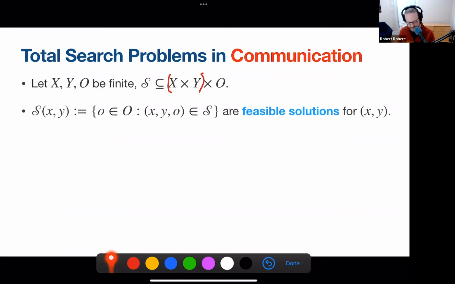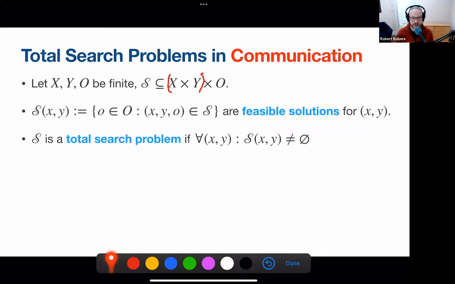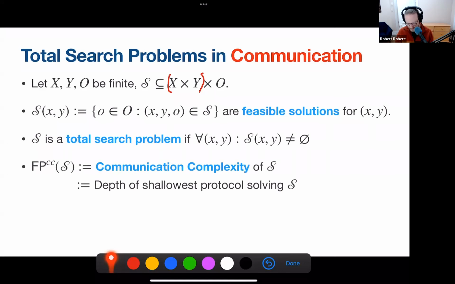Once again, we have a set of feasible solutions. This is just the same setup. And we'll say that S is total if every input has some feasible solution. Now the communication complexity of S is the communication complexity of solving S, or in other words, the depth of the shallowest protocol that solves a total search problem.